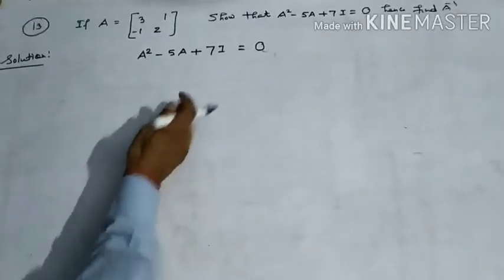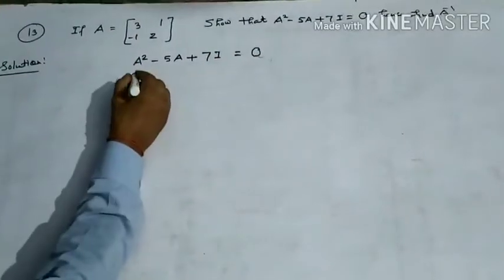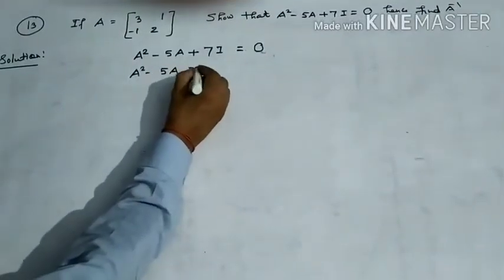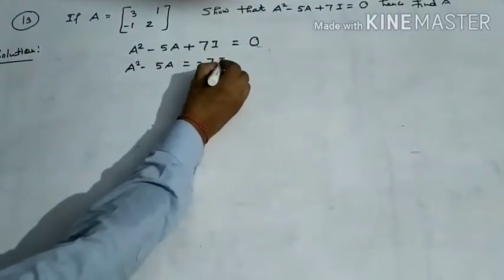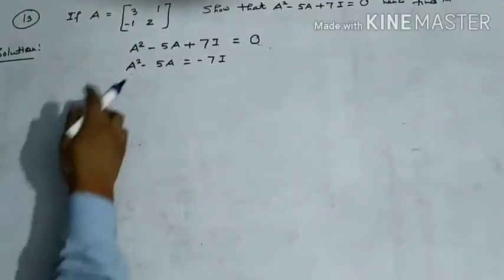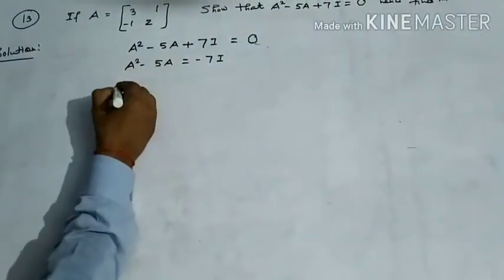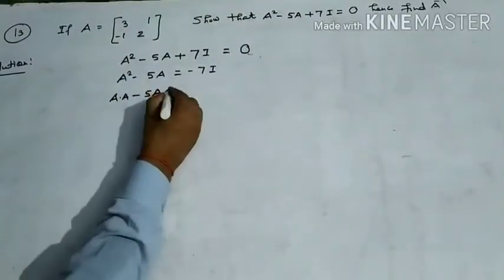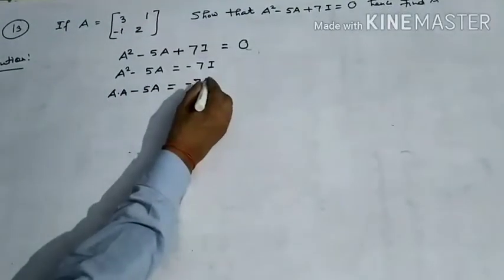So this is equal to 7I, you have to shift in this direction. So what we will get? A square minus 5A is equal to minus 7I. Or this we can write A into A minus 5A is equal to minus 7I.